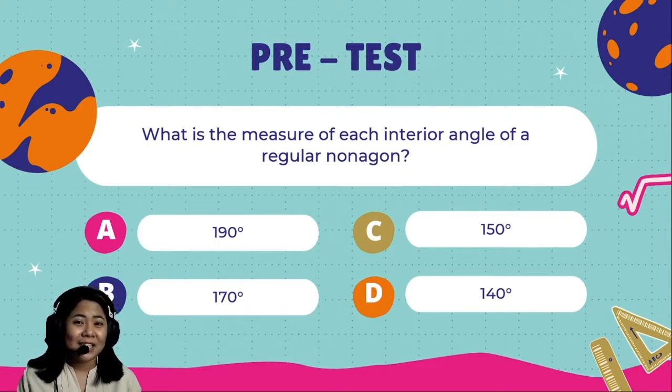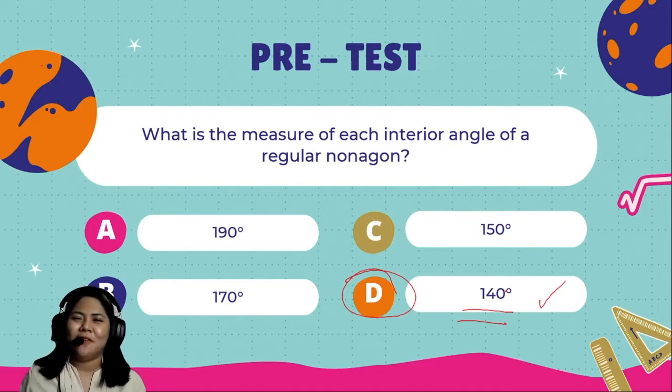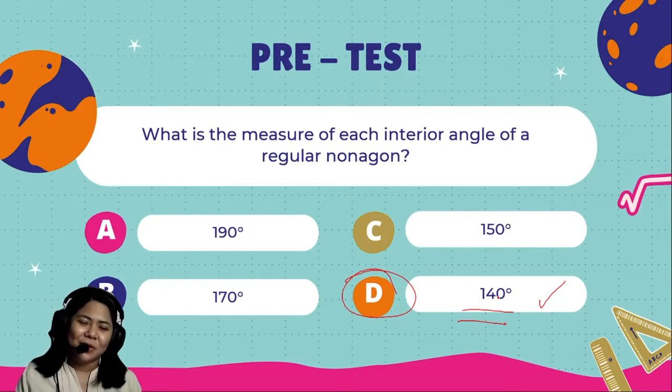If you answered letter D, 140 degrees, you got it correctly. So, checkan nyo yung mga gawa ninyo and give yourself a point. Ngayon, tignan natin yung mga kaklase or mga kakilala ninyo na nag-take ng pre-test prior to this video lesson. Okay?